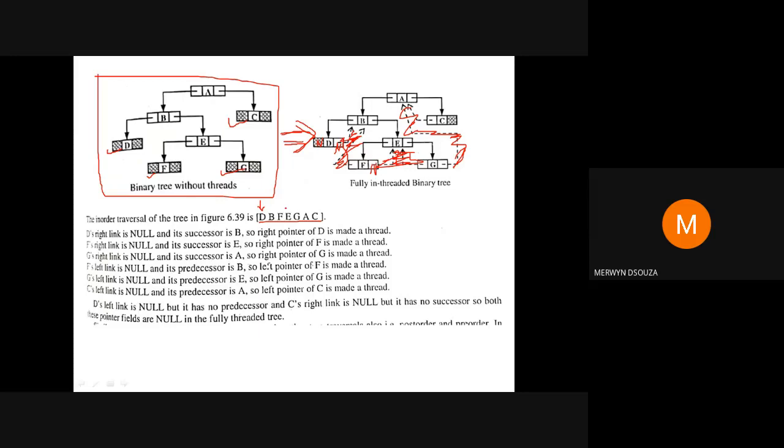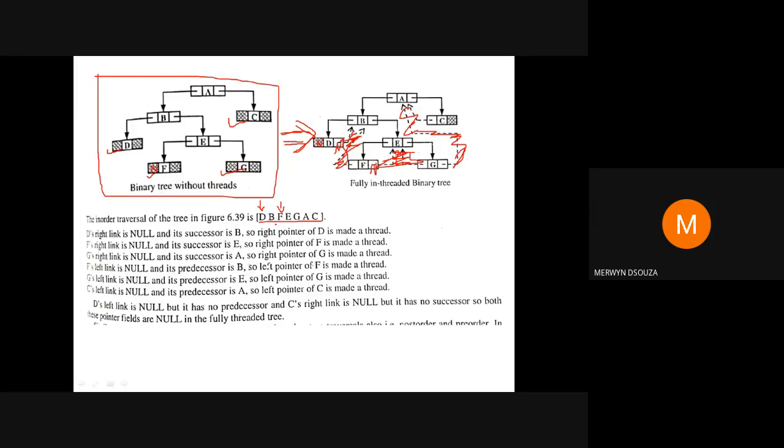Next, check for F. What is the predecessor of F? B. So what you're going to do is replace the null that was present here with a pointer that points to the node B, the in-order predecessor.